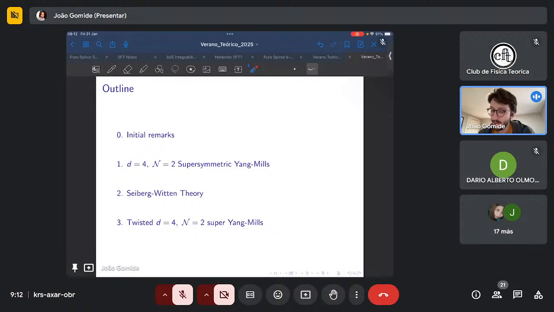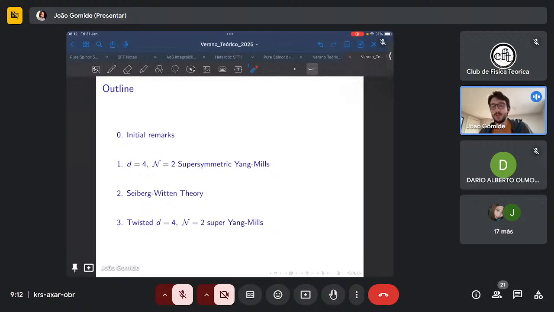The first one, which is Seiberg-Witten theory, is the thing I'll spend most time on, which was a big deal in the 90s because, as you'll see later, it's a pretty powerful tool to study supersymmetric theories.